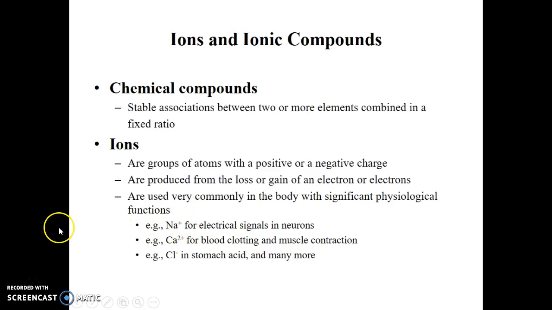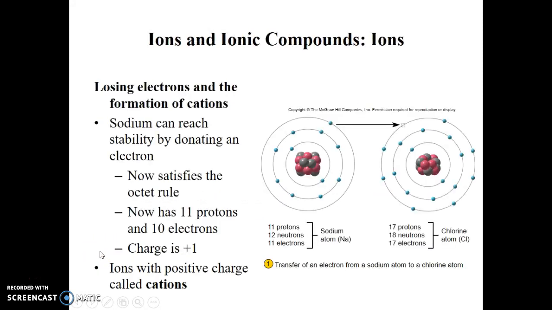That plus means it has a positive charge, which means it's lost an electron. Calcium ions have a 2+, which means they've lost 2 electrons, and they also are considered positively charged. Then chloride ions are negatively charged, so they have gained an electron.